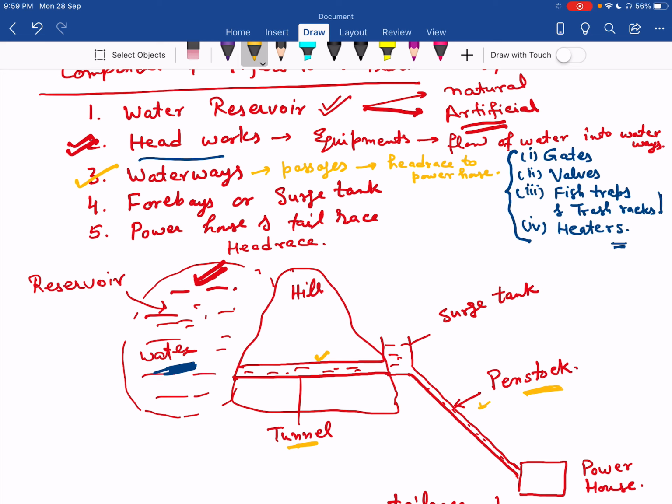So that is waterways. Now in the forebay we have the surge tank.